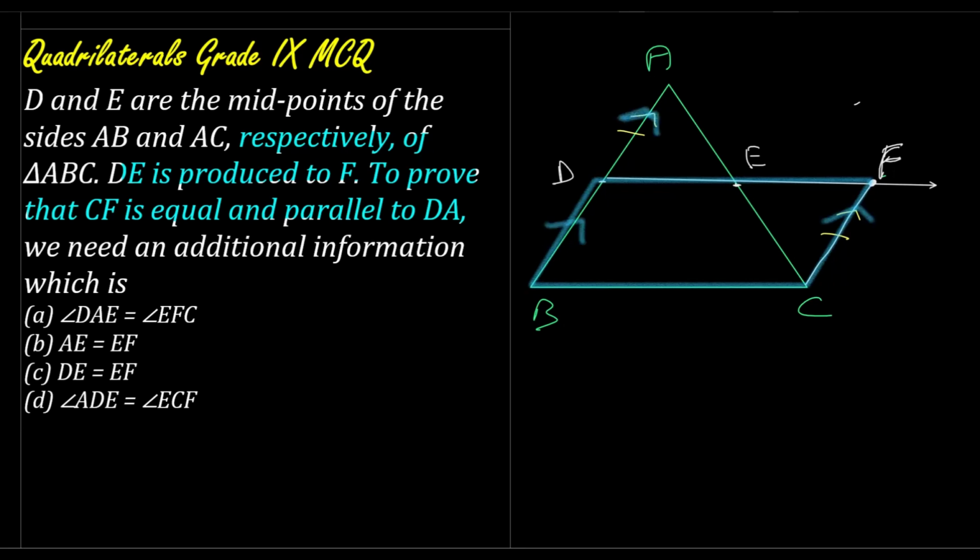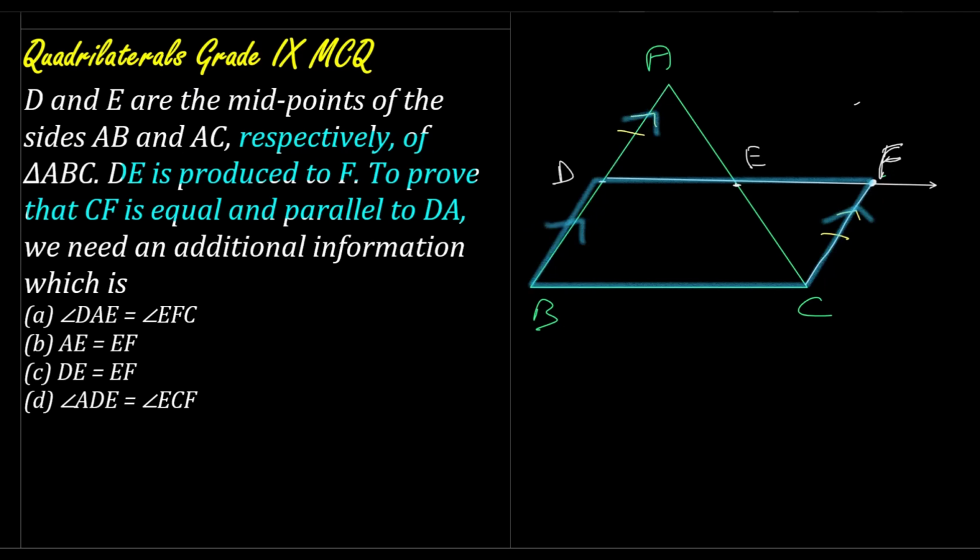So that means it is parallel to DF. Further, if I prove BD is equal to CF, and since BD is equal to AD, we can prove these two as equal as well. So this is what we need to prove, right? That means we need to prove this figure a parallelogram.